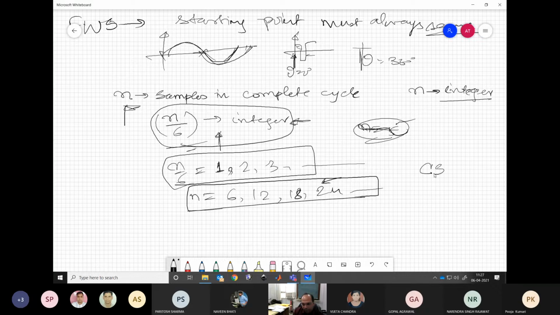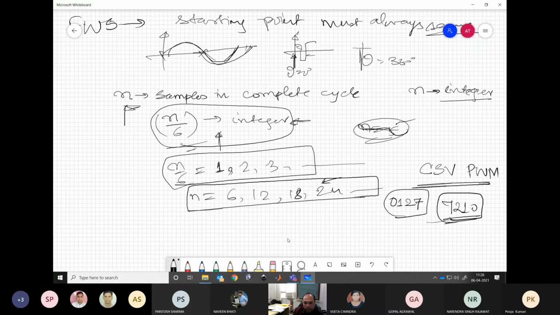Now, when we have particularly conventional space vector PWM, then we have a limitation that we can apply only this vector sequence 0, 1, 2, 7 or 7, 2, 1, 0. When we have this restriction, then obviously we come to the conclusion that N by 6 must be odd.